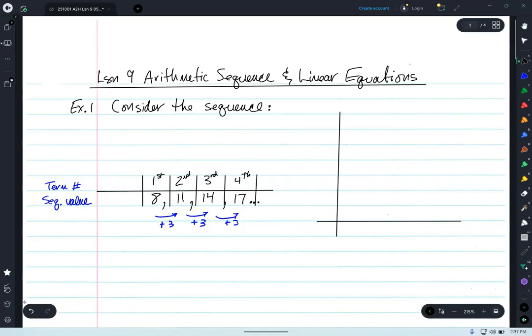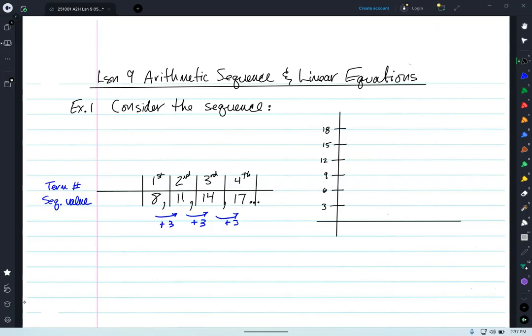Okay, now, here's what I'd like you to do. We're going to put a hash mark here, and a hash mark here, and here, here, here, here. All right, we're going to number these like this: 3, 6, 9, 12, 15, 18, and such.